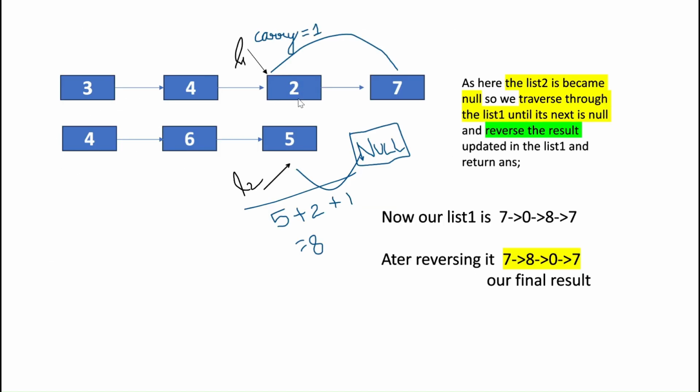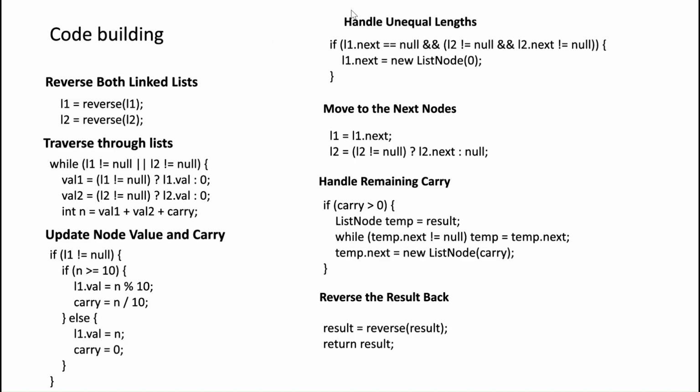If we have created this node and updated our result in it, we have to point this L1 dot next, that means this node, to this node, so that our answer is updated in our result list. Okay, that's what is happening. See, L1 became null, but L2 still has values. So you're creating a node and pointing it to L1 dot next.